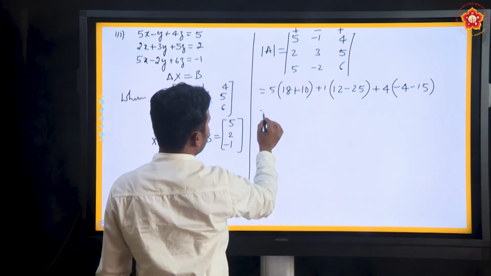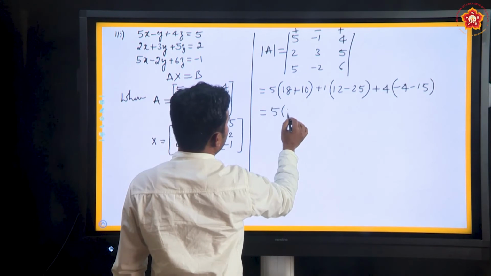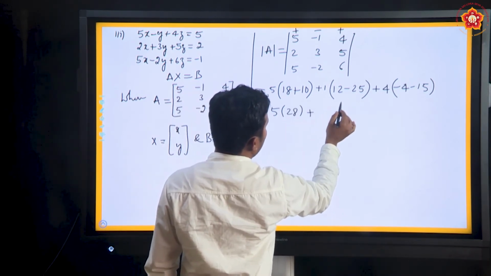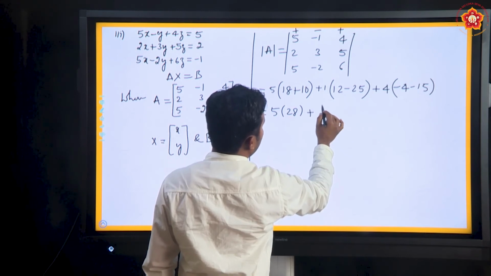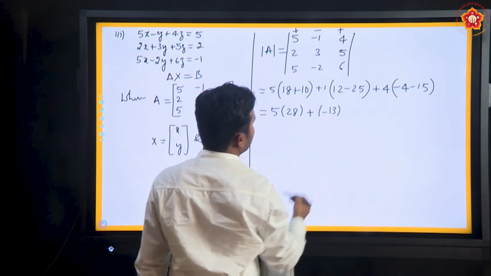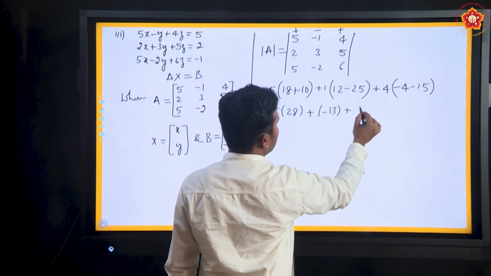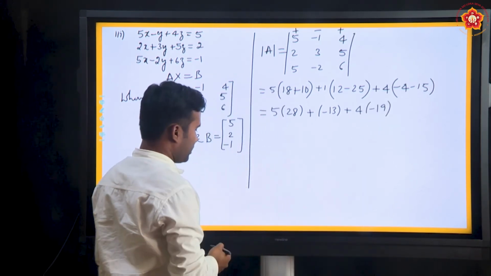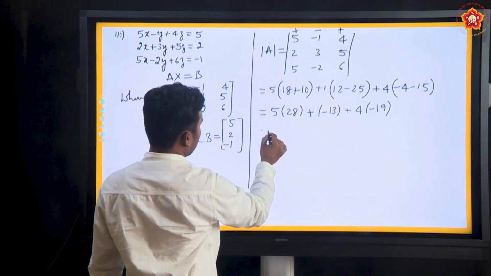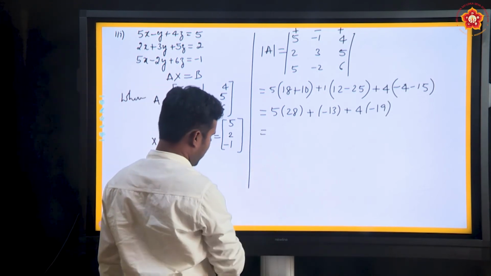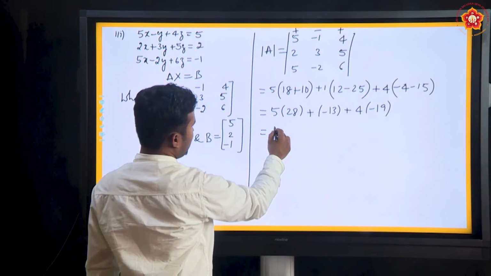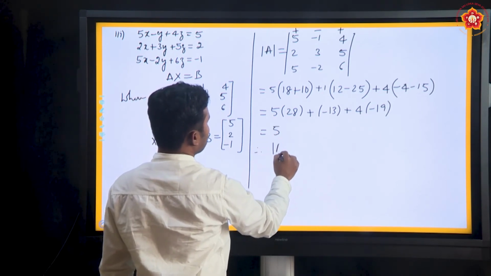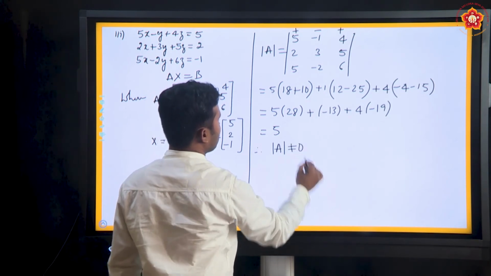So, you can simplify this: 5 times 28 plus 12 minus 25 minus 13 plus 4 times minus 19. So, you just calculate this. So, what you are going to have after simplification, you are going to have 51. Okay. So, therefore, what we can say is determinant of A is not equal to 0.